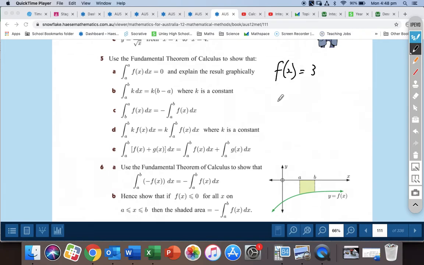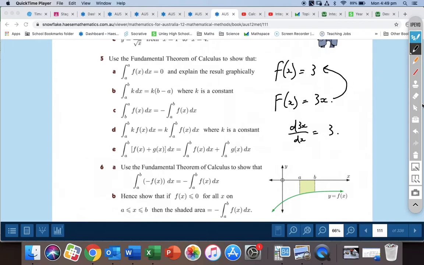What's the antiderivative of that? It's 3x, yeah? Agree? Okay. You can check by taking 3x and differentiating. What's the derivative of 3x? It's 3, right? So, yep, I did my integral correctly.